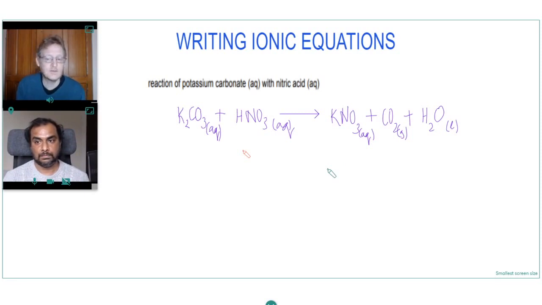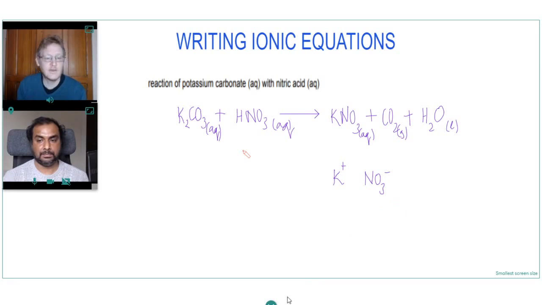Excellent. How did you know it was KNO3 and not K2NO3? I know that the nitrate ion has a net negative charge, and I know that the potassium ion has a positive charge, one positive, and therefore they must combine in a ratio of 1 ion of potassium with 1 ion of nitrate.